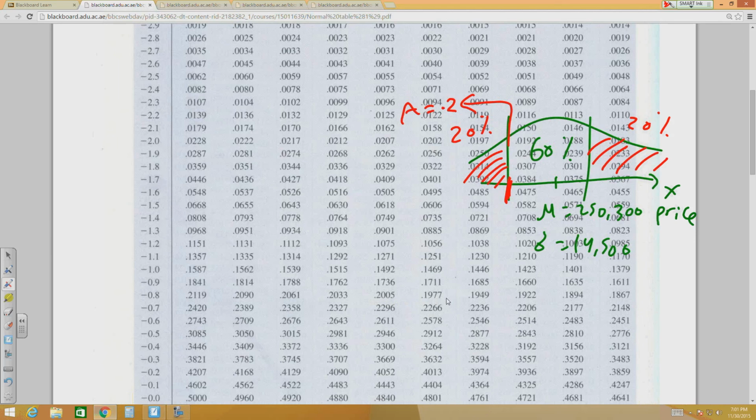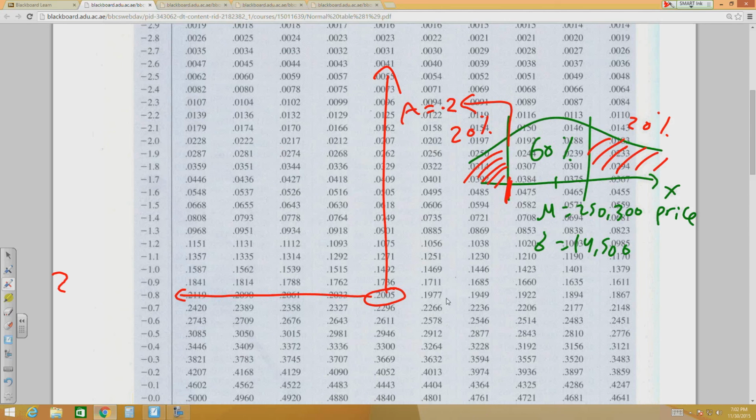I think this one is closer to 0.2, so that's almost the area. We can't find exactly the same value most of the time, so you have to take the closest value. You just go left to get the main part of Z and look up.